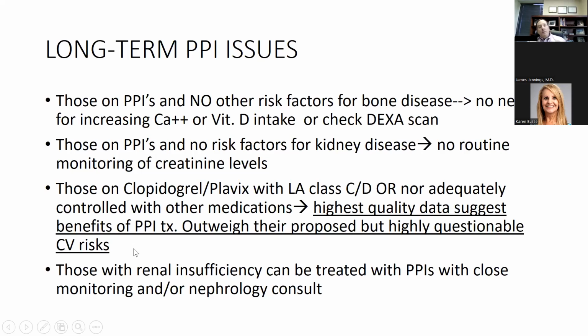And we're going to talk a little bit here in a minute about the complications of GERD that we want to avoid by keeping people on these medications. And certainly patients who do have more advanced reflux disease and breakthrough symptoms can be treated with PPIs even if they do have chronic kidney disease, with close monitoring or touching base with their nephrologist.